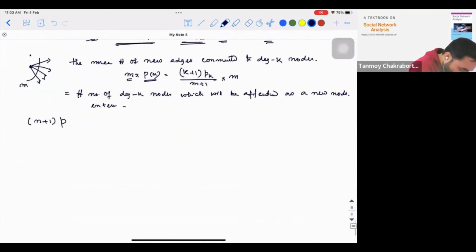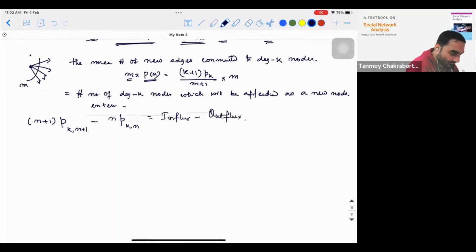So (n+1)pk,n+1 minus n pk,n. This is influx minus outflux, right? So let's look at influx in terms of this one.